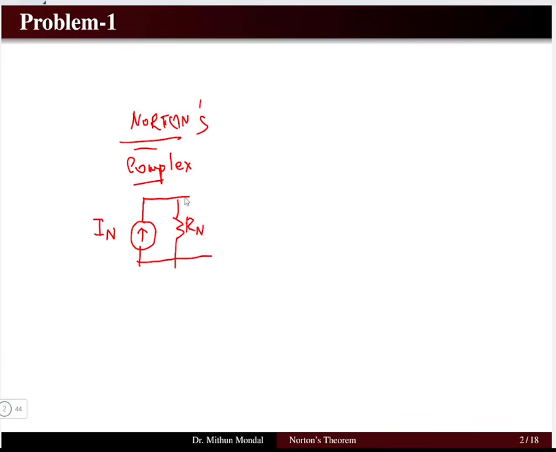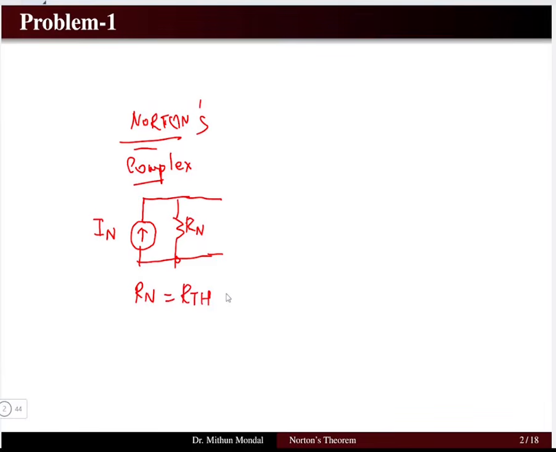Norton resistance is simply the Thevenin resistance that we calculated when we studied Thevenin's theorem.